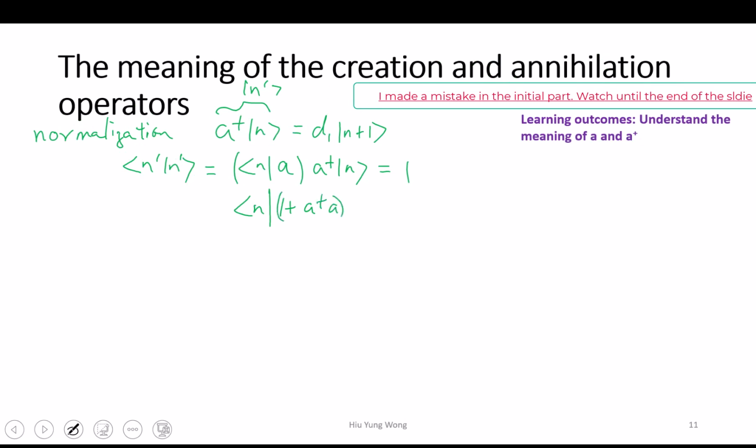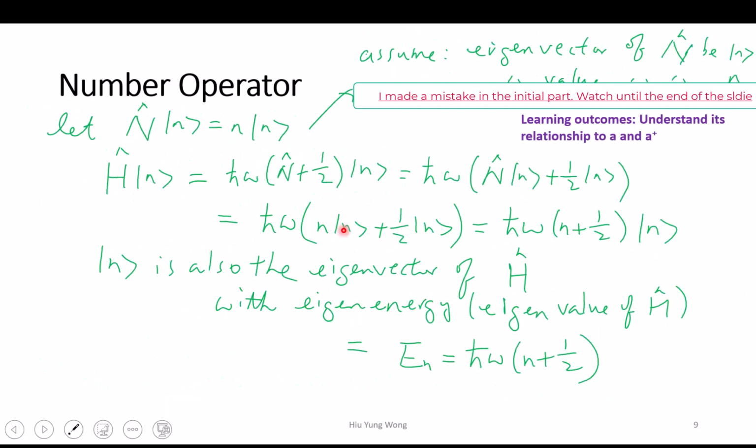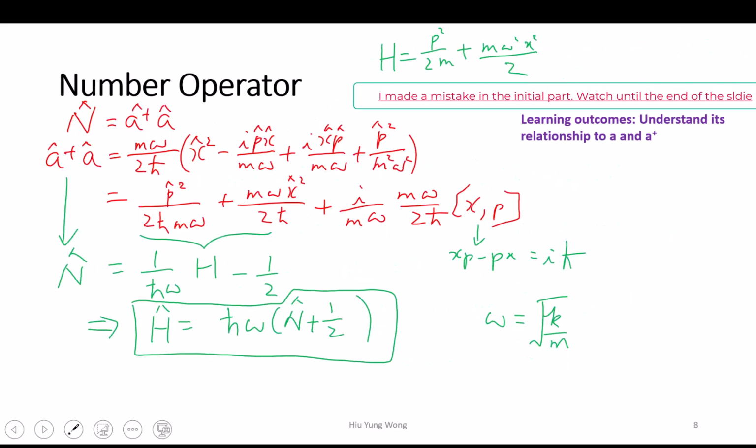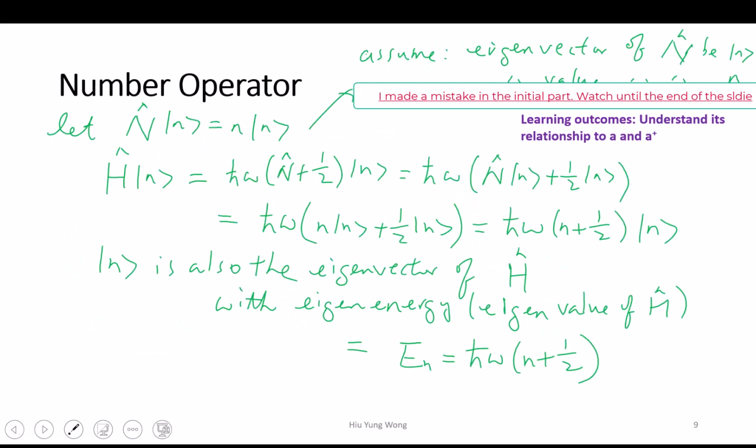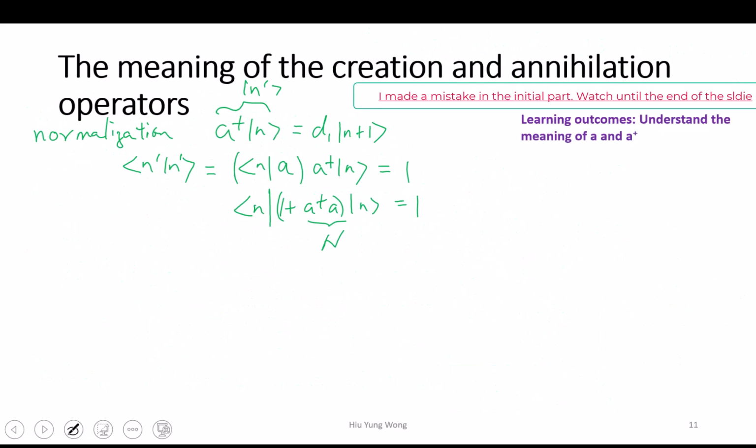You may say, what is the point of doing that? That is because I recognize this is what? A dagger A. It's the number operator, right? You can recognize it because you just learned, but I know that because I have a cheat sheet, right? That's it. So you use this, then you are applying 1 plus n, right?